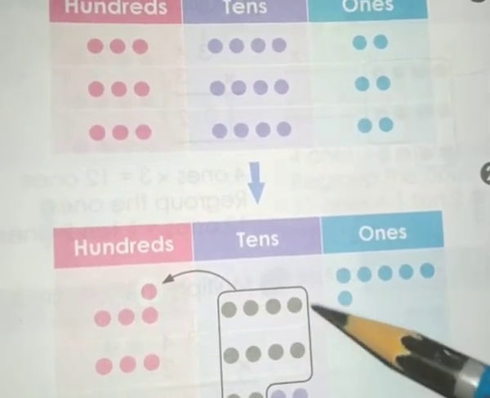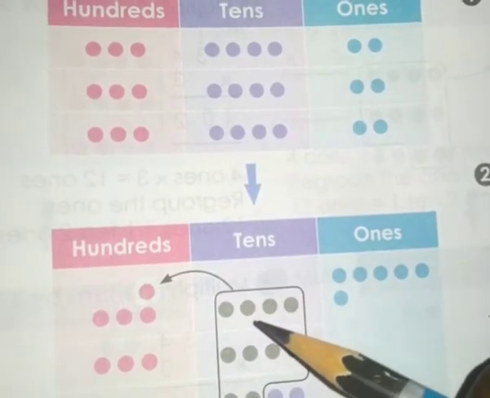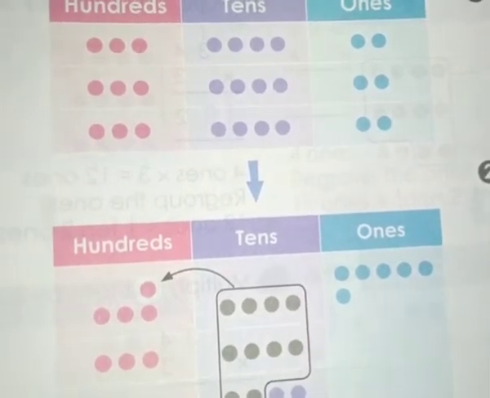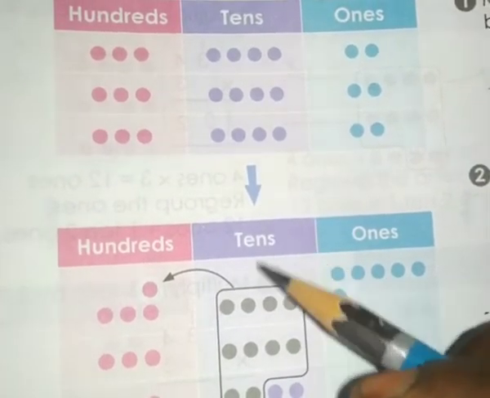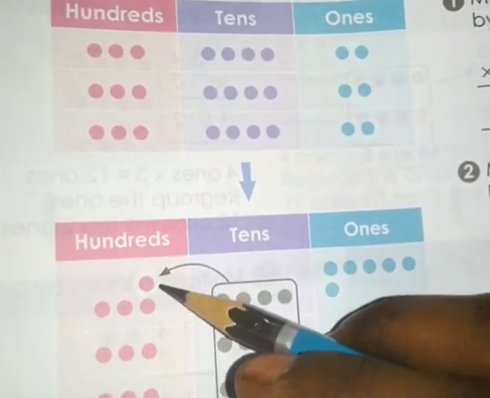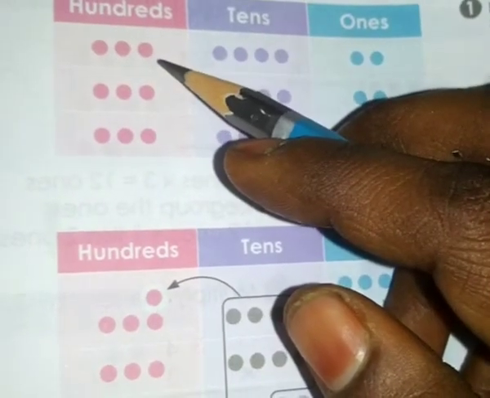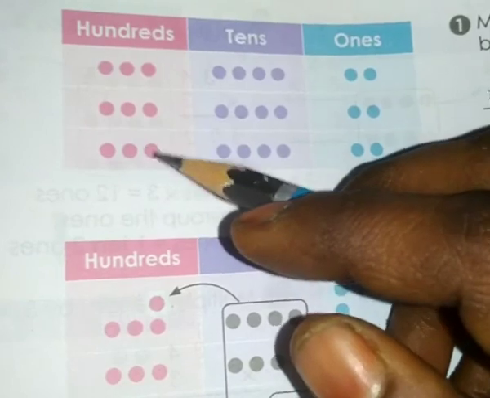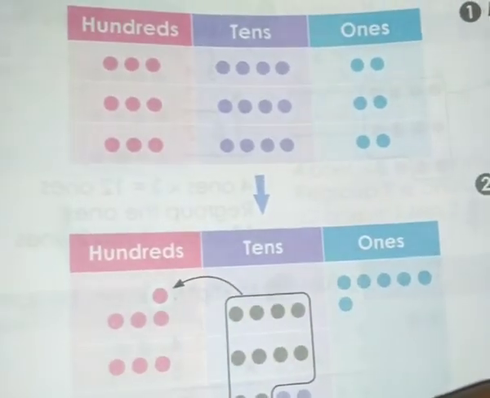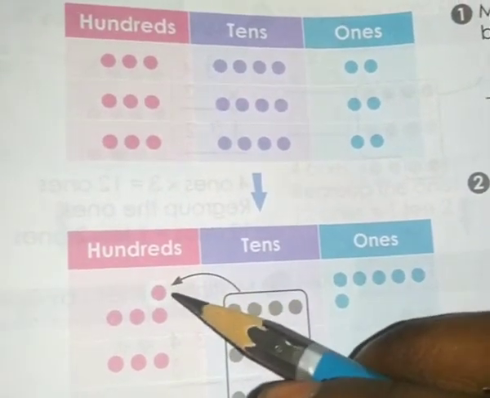So from 12 we have to split into 10 plus 2. We have to keep 2 under tens place, and 10 tens will be carried over to hundreds place as 1 dot. In hundreds place how many dots are there? 1, 2, 3, 4, 5, 6, 7, 8, 9. So already 9 dots are there, and we have added one more dot in hundreds place.